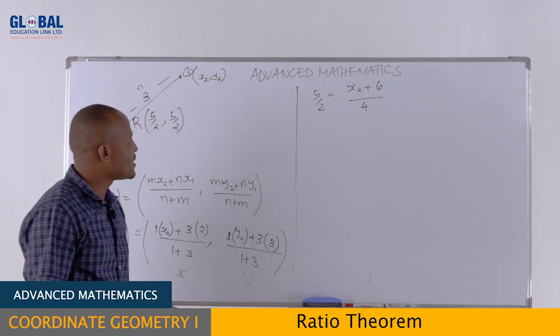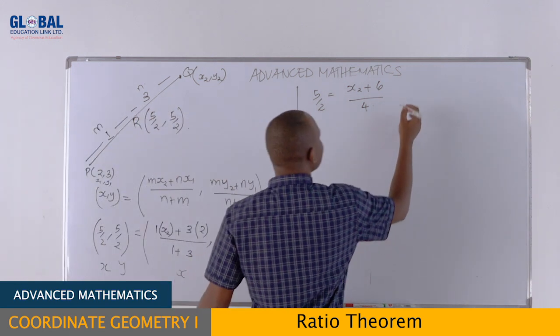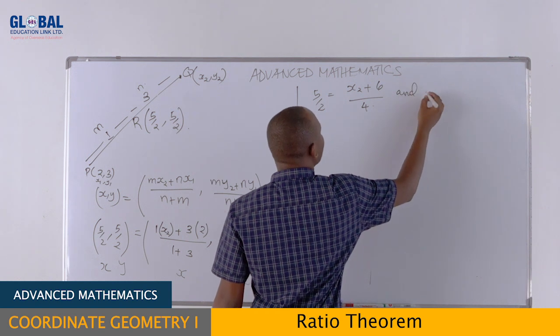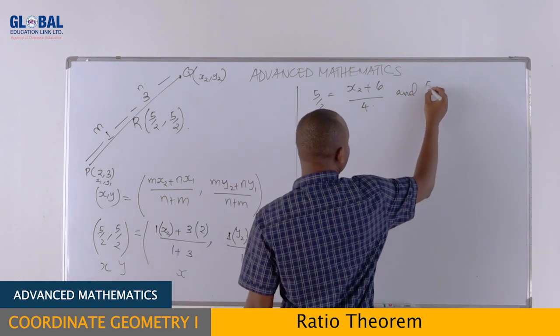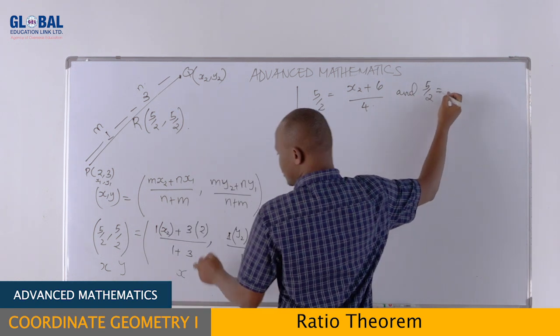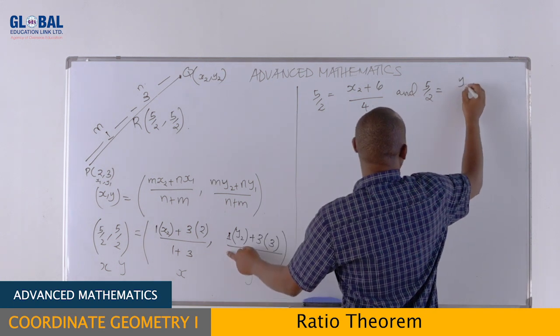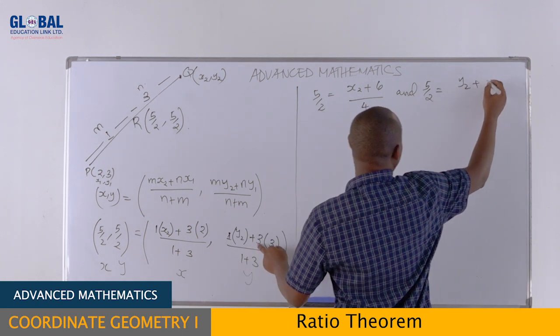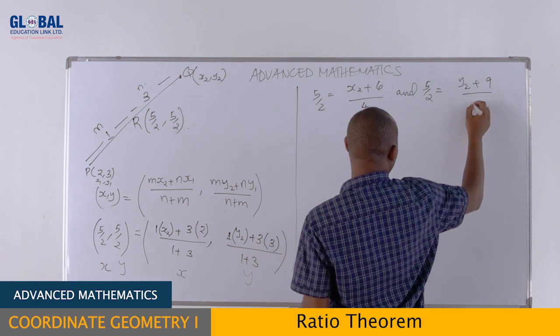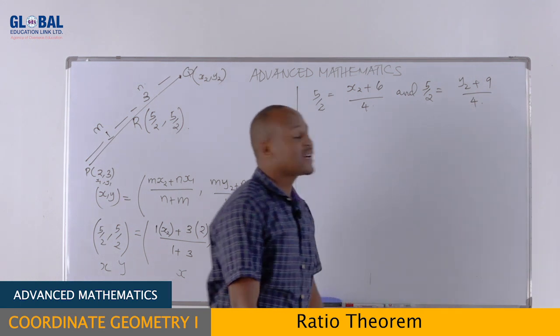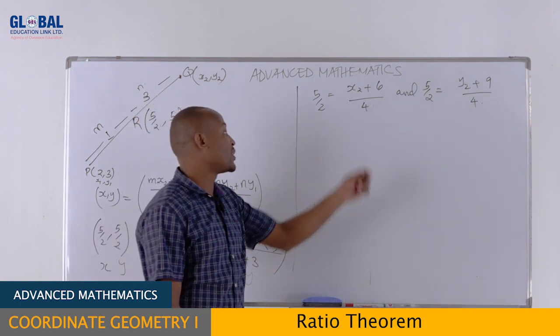Now let's manipulate that. It's very simple. On the other side, we have 5 over 2, which equals y2 plus 9 over 4. So again, we have to find the value of x2 and y2.